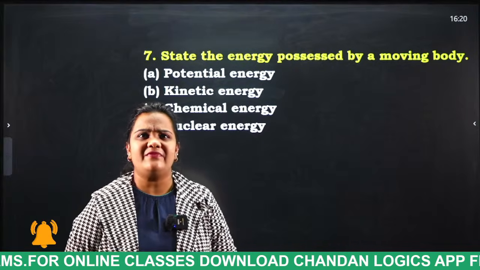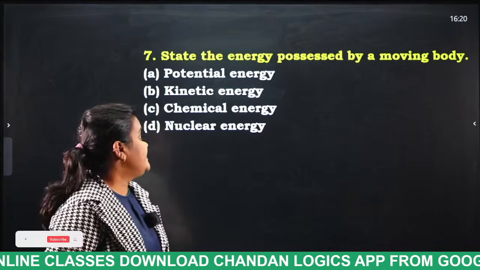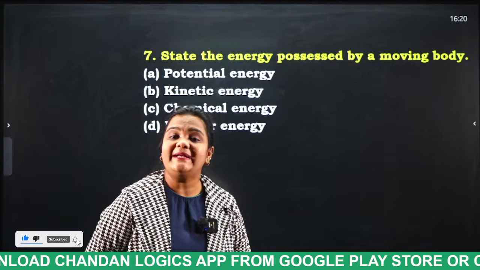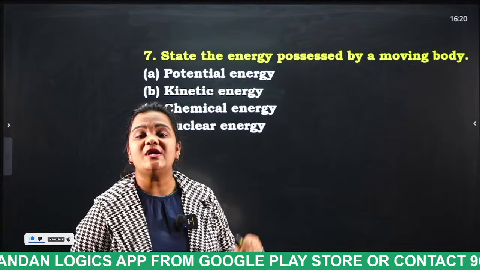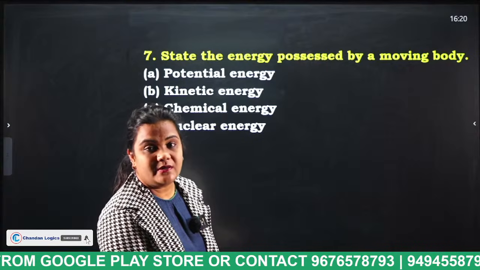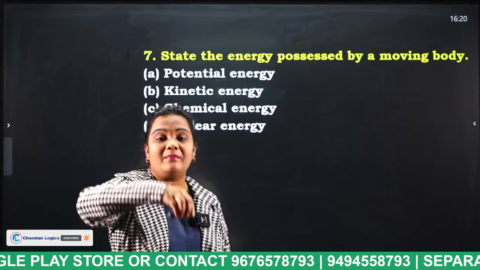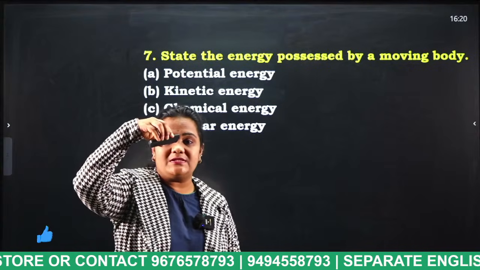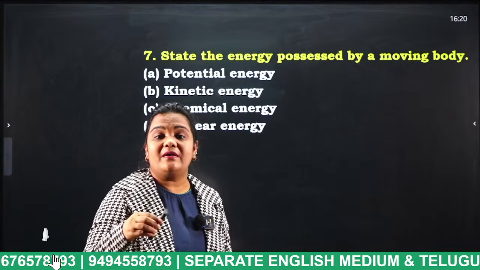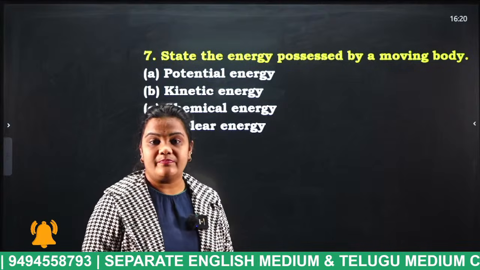What is the answer for this question? State the energy possessed by virtue of its movement. Generally, we have many types of energies, right? Potential energy is nothing but, if I am lifting an object from one place to another place, what is happening here, students? An energy required by virtue of its position.